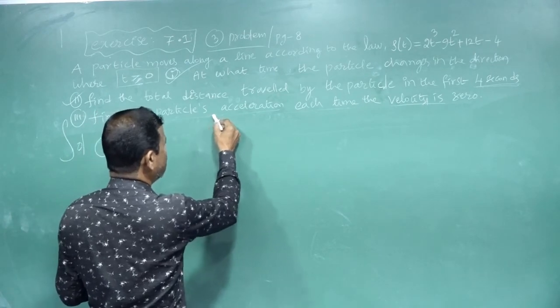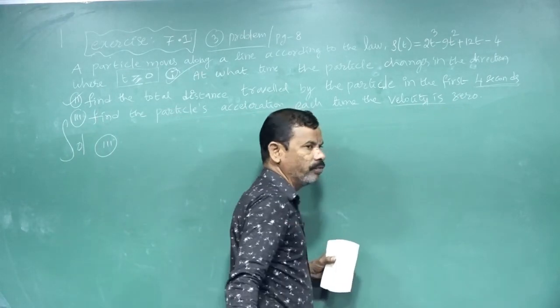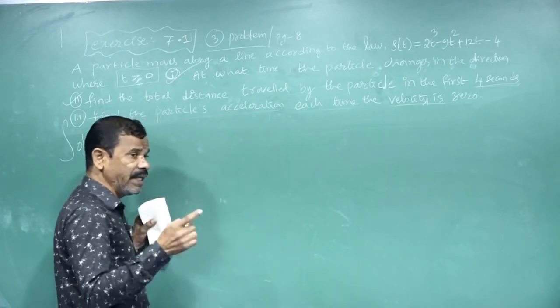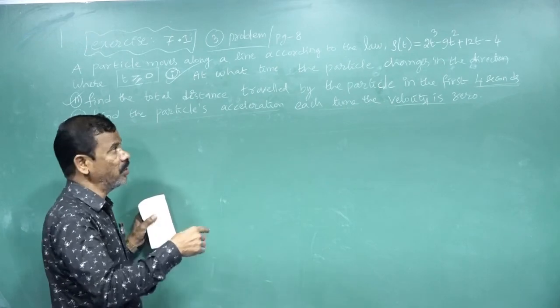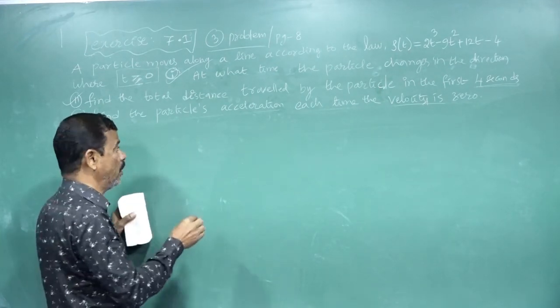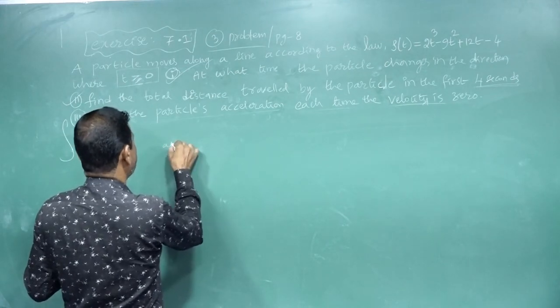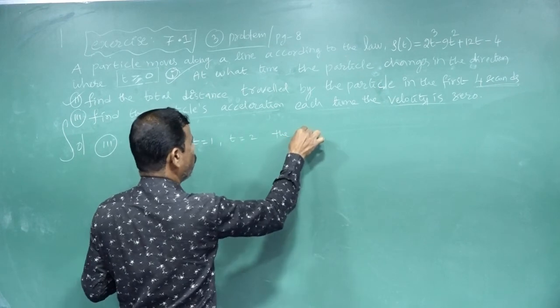Find the particle's acceleration each time the velocity is 0. We know that in the first problem we got t equal to 1 and t equal to 2. At t equal to 1 and t equal to 2, the velocity is 0.